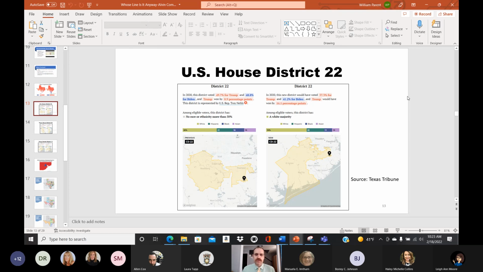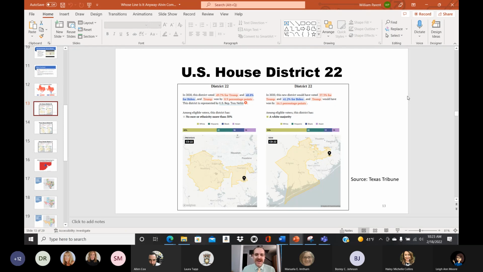So in 2020, this district voted 49.7% for Trump and 48.8% for Biden, and we see that was won by less than 0.1%. This district is controlled by U.S. Representative Troy Nehls. And I believe that is a misprint, because that wouldn't be the case.